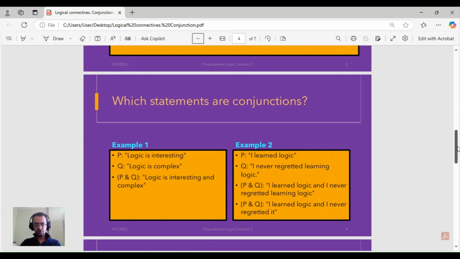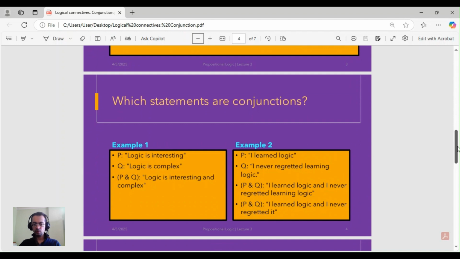And our second example, here we have changed our P and Q. In the second example, P means I learned logic. Q, I never regretted learning logic. If we use this conjunction, we can say that I learned logic and I never regretted learning logic.